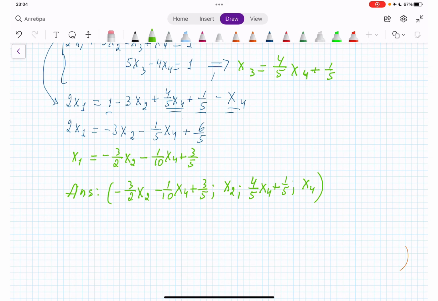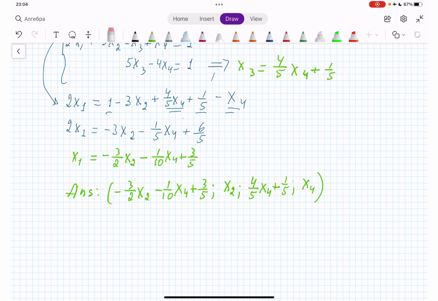Now we are going to show how many solutions this solution has. How many answers we can get through this solution. What I'm going to do, I'm going to take some arbitrary values for the free variables, which are x2 and x4, and show that this answer satisfies infinitely many solutions.